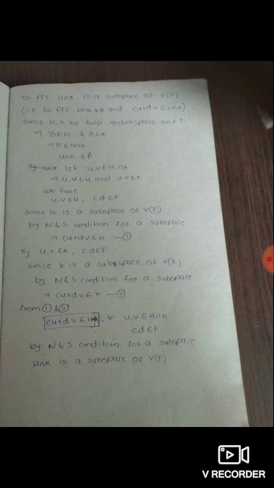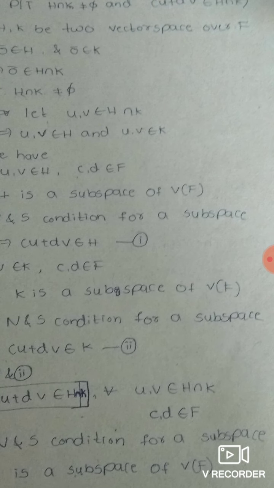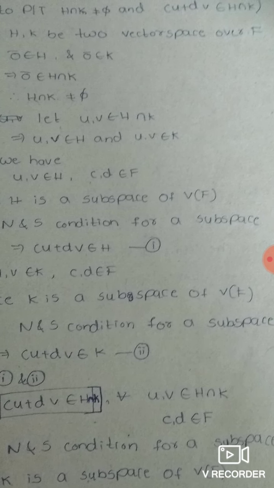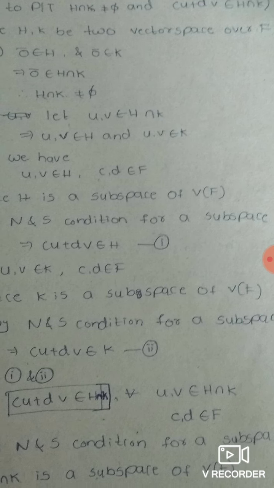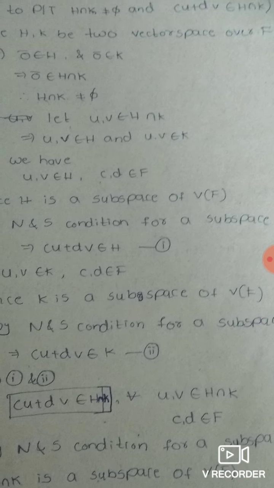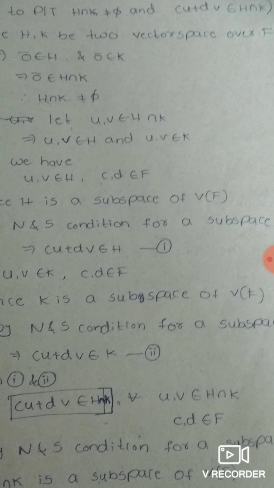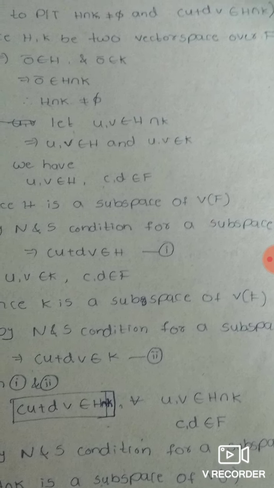Next we let u, v belong to H intersection K. That means u, v belong to H and u, v belong to K. We have u, v belong to H and c, d belong to F. Since H is a subspace of V(F), by the necessary and sufficient condition for a subspace, cu + dv belongs to H. This is equation 1.